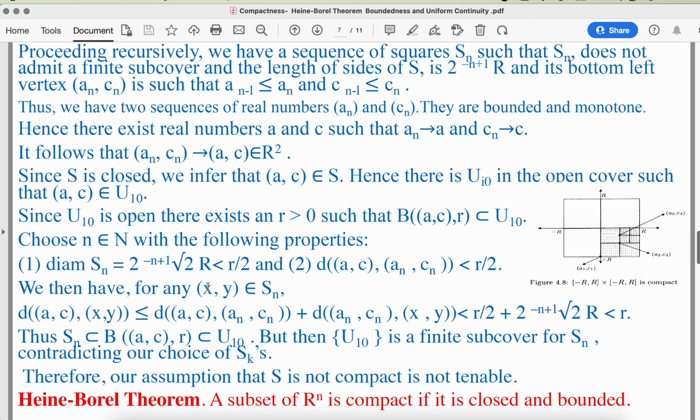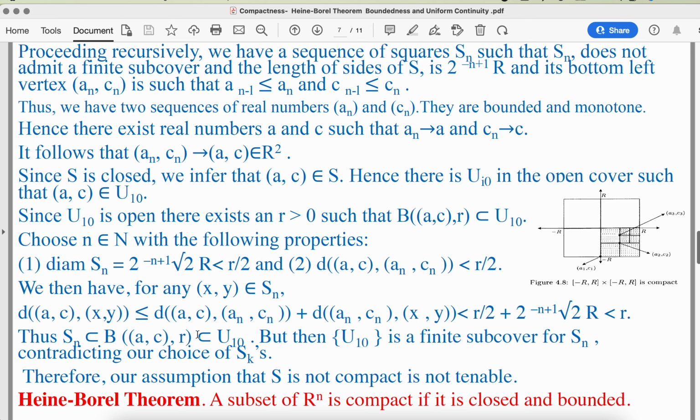In this case we have, for any (x, y) belonging to Sn, the distance of (A, C) from (x, y) is less than or equal to the distance of (A, C) from (An, Cn) plus the distance of (An, Cn) from (x, y). This is by the triangle inequality of a metric space.